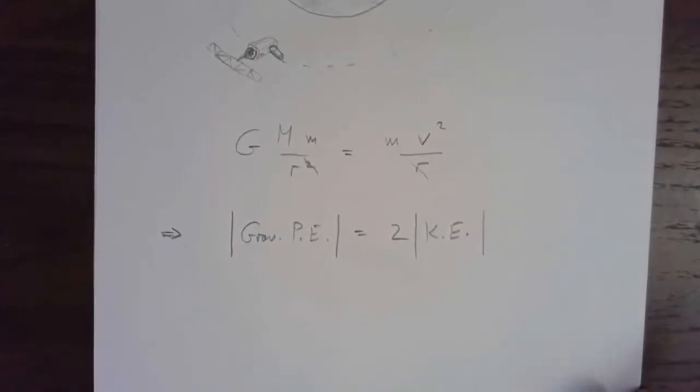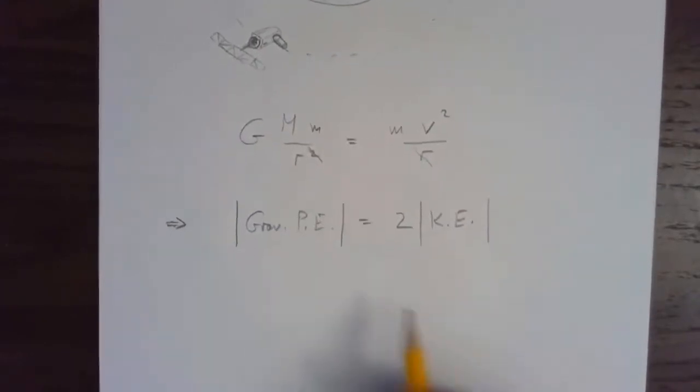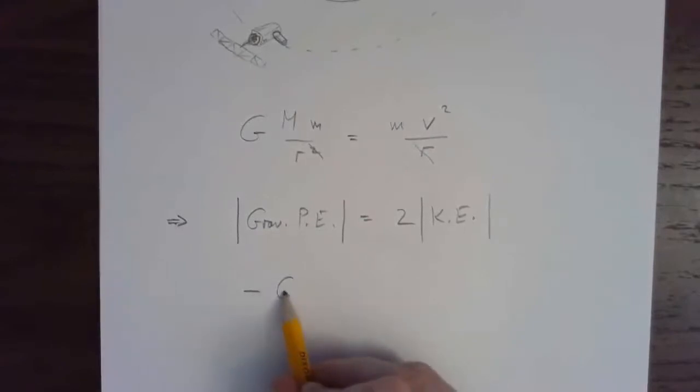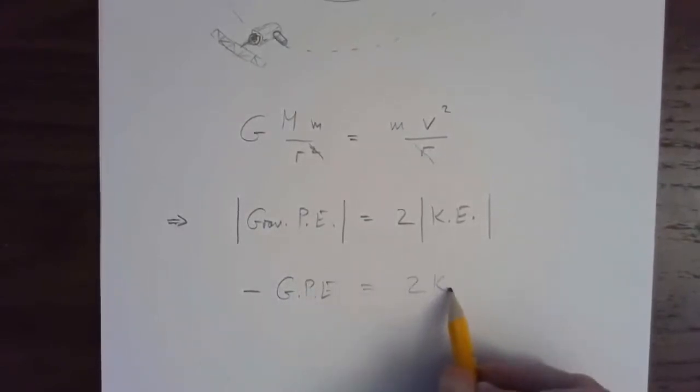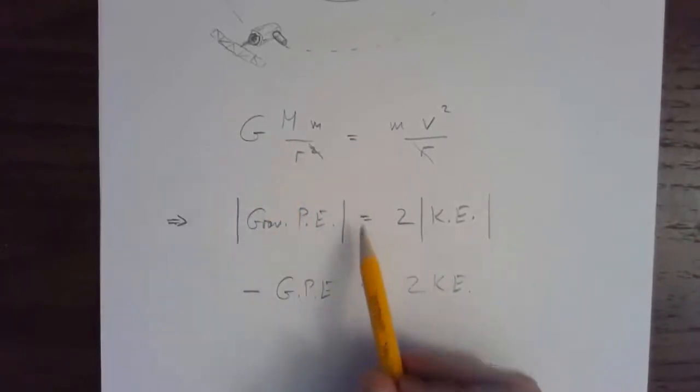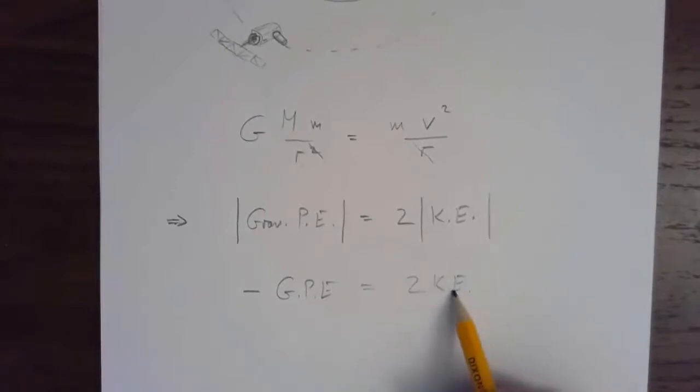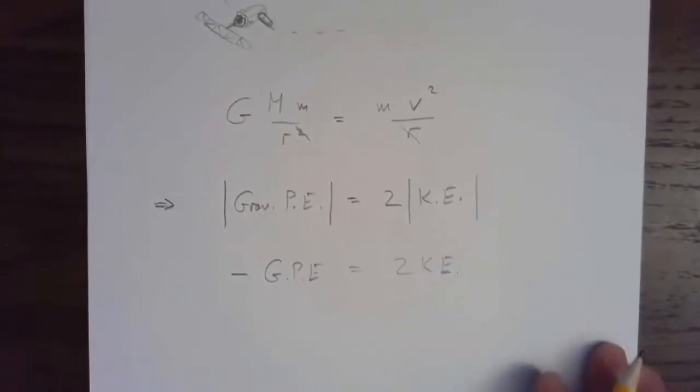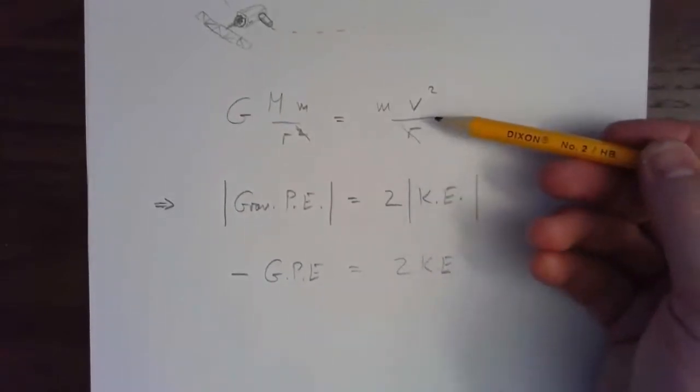Interesting, right? If I wanted to include the signs, I could write that minus the gravitational potential energy is twice the kinetic energy. Same thing, just without the absolute values, I actually think about the signs. Notice it just followed from this.